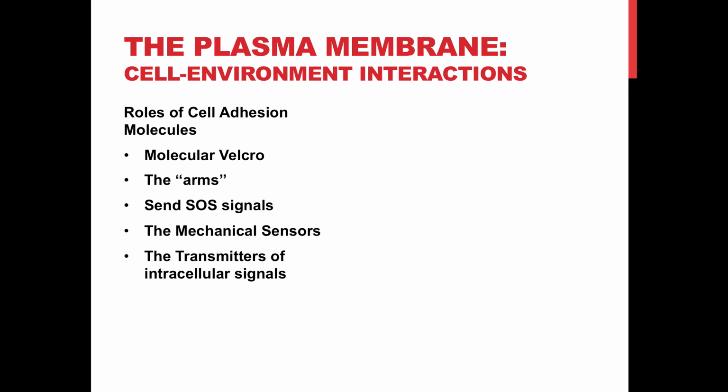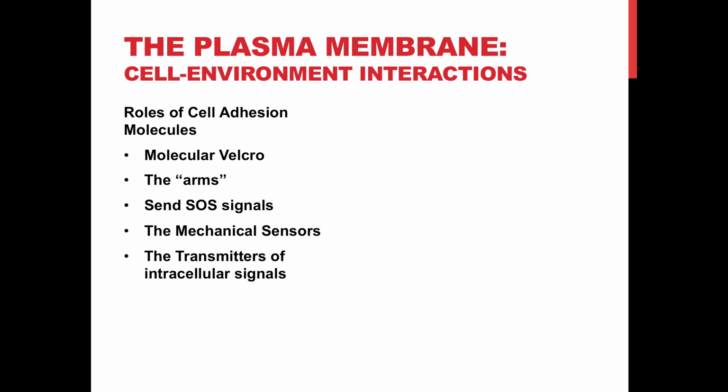Okay. Thousands of cell adhesion molecules are found on almost every cell in the body. CAMs, cell adhesion molecules, play key roles in embryonic development and wound repair, situations where cell mobility is important, and in immunity. These sticky glycoproteins act as the molecular velcro that cells use to anchor themselves to molecules in the extracellular space and to each other. They act as the arms that migrating cells use to haul themselves past one another.